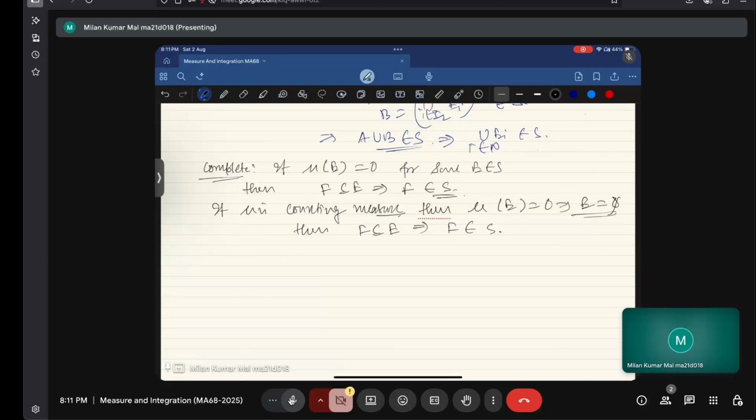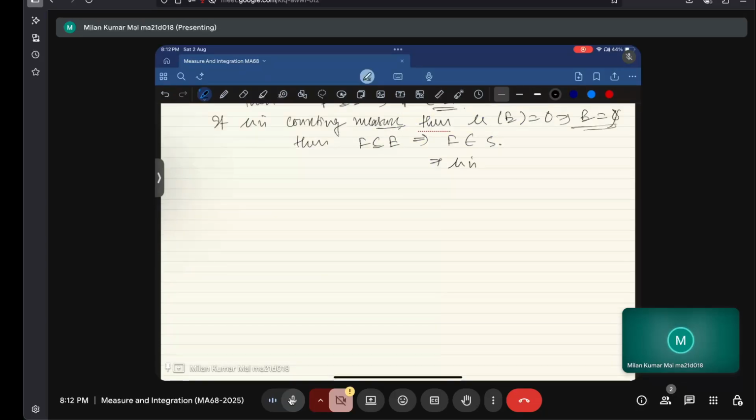If mu is the counting measure on S, then show that it is complete. Complete means that if a set is there of measure 0, then any subset of that set will be there. But that is already here. It is very easy to see. So this is complete. So that implies that mu is complete. Okay, so this is all.